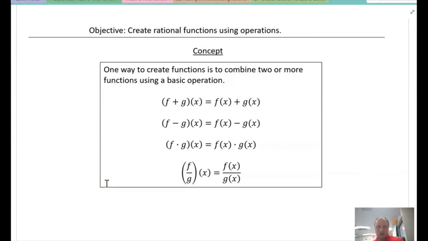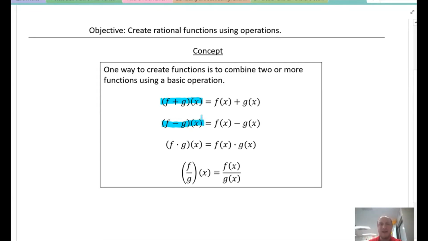This says one way to create functions is to combine two or more functions using a basic operation. And again, the only new thing is this notation here. So this says f plus g of x, and all this is you're adding f of x and g of x. Simple enough. How about f minus g of x?